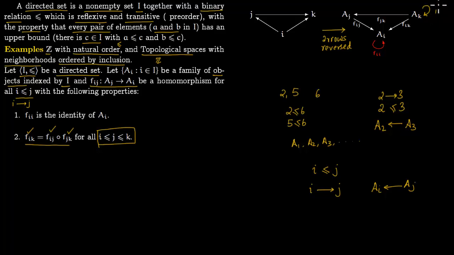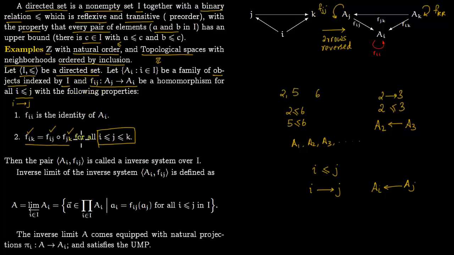Obviously you have an identity map here, and you have an identity map here. If you have these conditions, you have a directed set, and then you have these groups indexed by the directed set with these arrows which denote the contravariance, then this pair is called the inverse system over I. So now we can talk about the inverse limit of such a system.